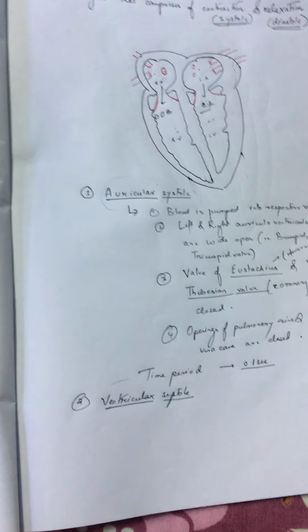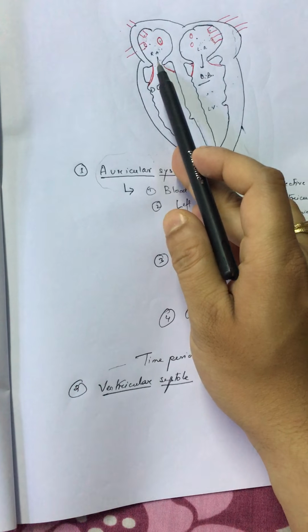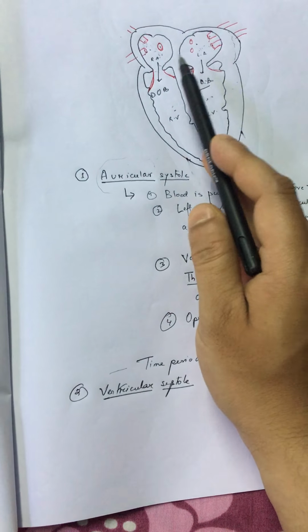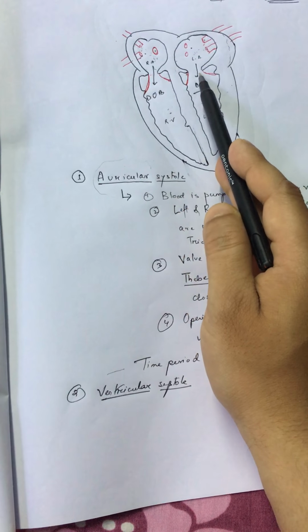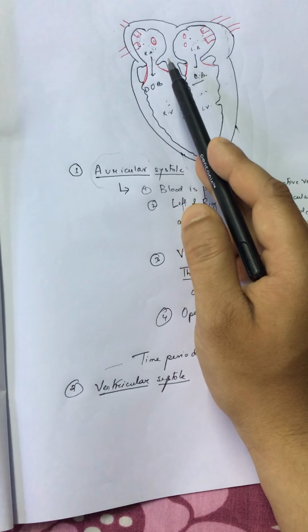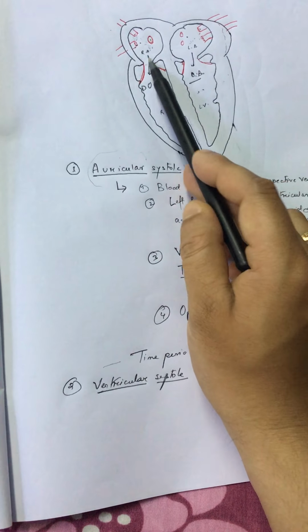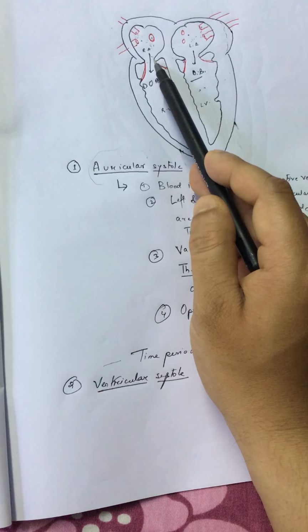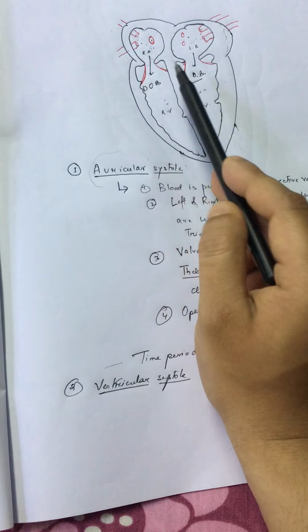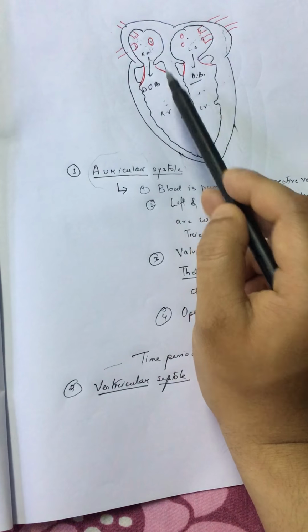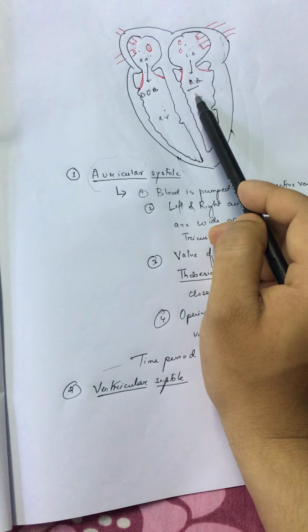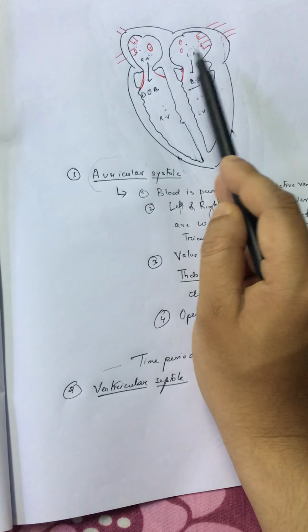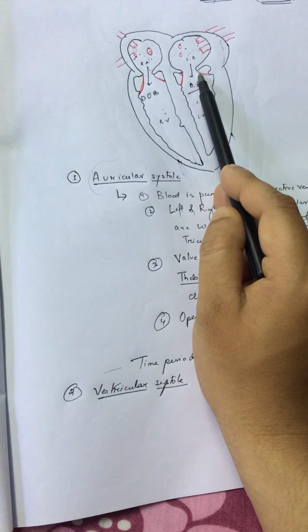The right and left auriculoventricular valves open during the auricular systole. But when the ventricles contract, if these valves remain open, the blood will flow back from the ventricles to the auricles. Therefore, during ventricular contraction, the auriculoventricular valves must close, right?